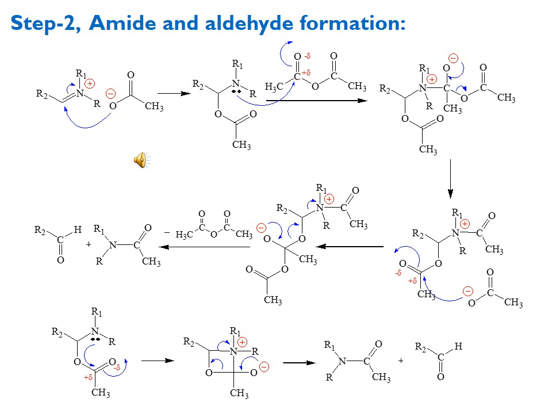So therefore we say that it should move from this side so that the product is found, and in actual practice, as we are getting the product, the movement or breakage will be in this way, not in the way that moves towards the reactant side. So this is the overall mechanism of formation of amide and aldehydes.